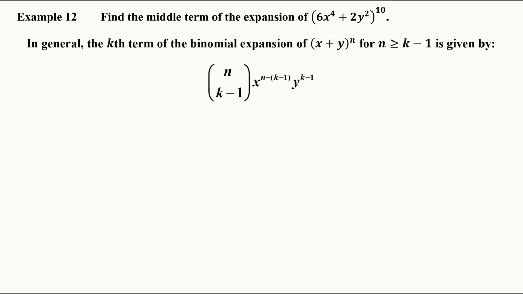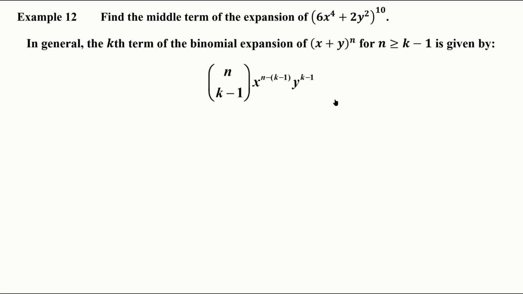All right, so here's our last example of the lecture and the course. We're going to find the middle term of the expansion of the quantity 6x to the 4 plus 2y squared, to the power of 10. We know that the kth term can be obtained with the formula we just developed.